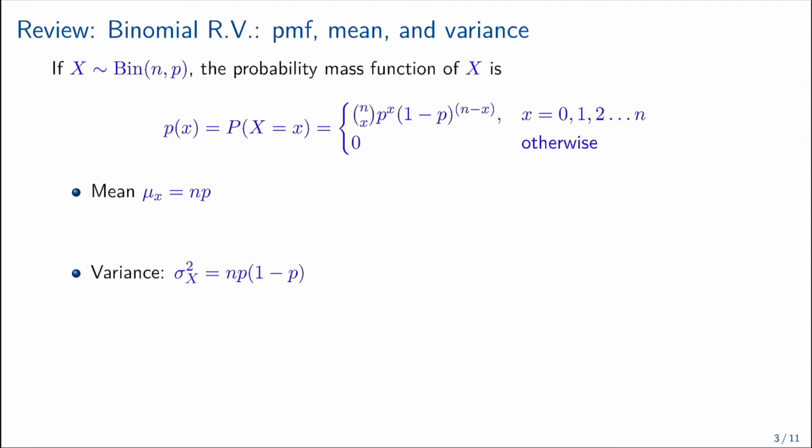The mean of the binomial distribution is n multiplied by p, and the variance is n multiplied by p multiplied by 1 minus p.